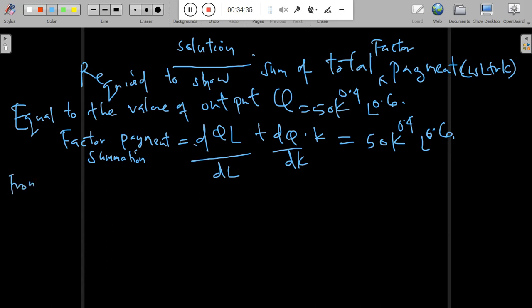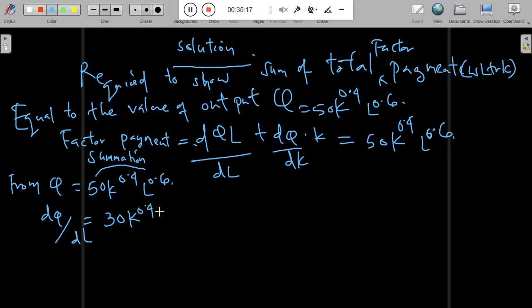So the derivative DQ over DL is obtained from the output function 50K raised to the power of 0.4, L raised to the power of 0.6. When you differentiate, DQ over DL will be equal to 30K raised to the power of 0.4, L raised to the power of negative 0.4, times L. Later we will multiply with L.